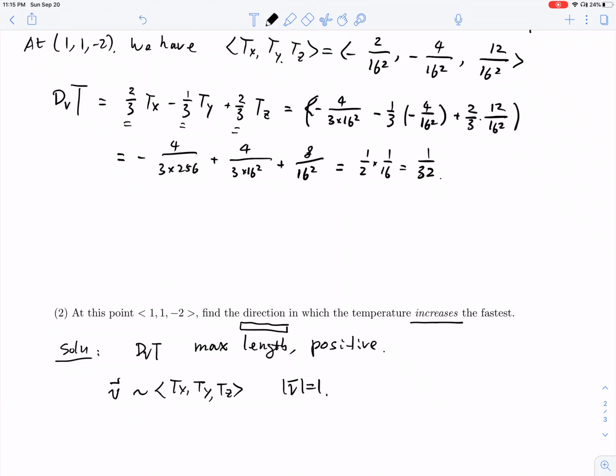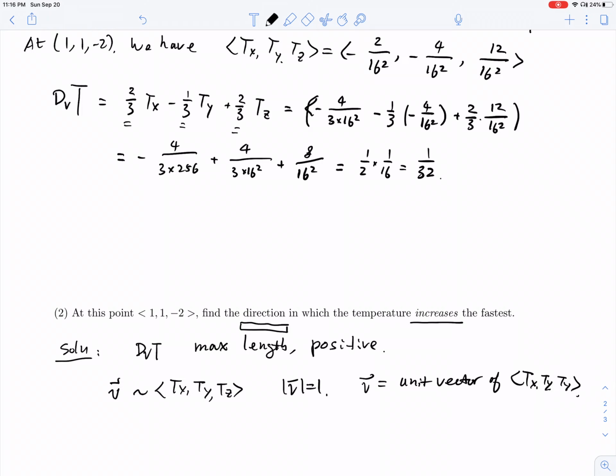Now, to have a positive one, that means we will have v precisely be the unit vector of the gradient vector of this (t_x, t_y, t_z).